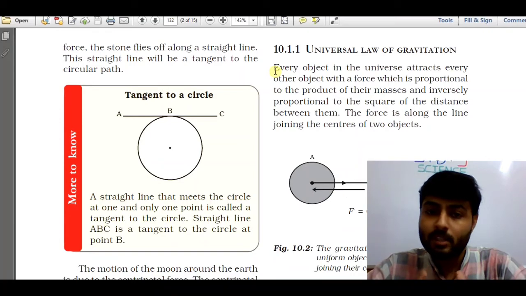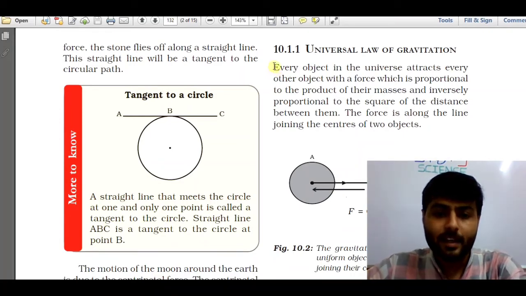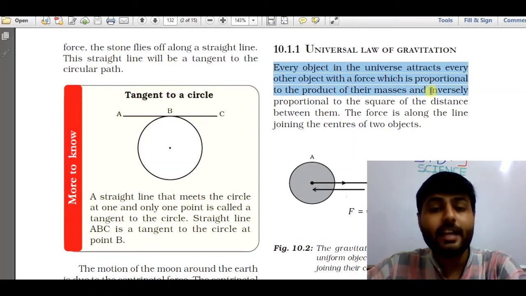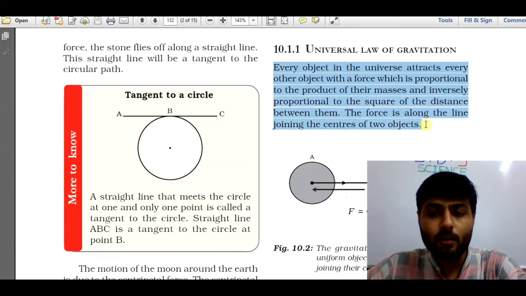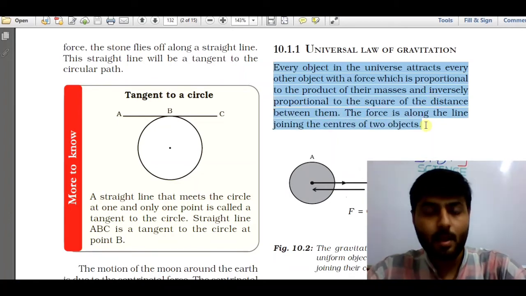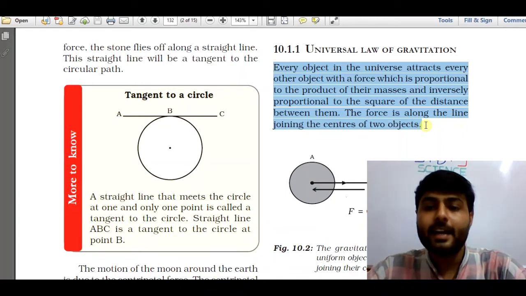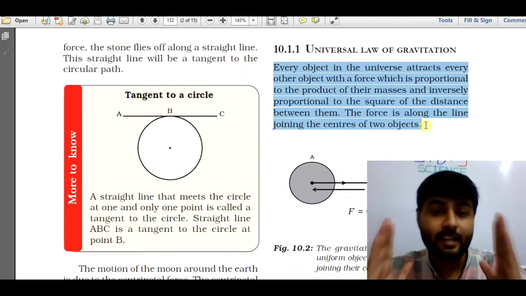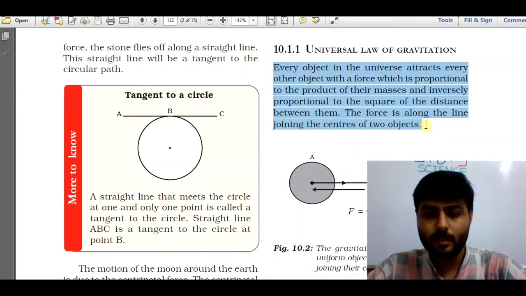We have to remember this sentence. Mark it. Every object in the universe attracts every other object with a force that is proportional to the product of its masses and inversely proportional to the square of the distance between those two objects.